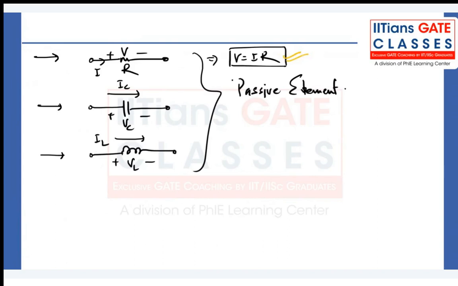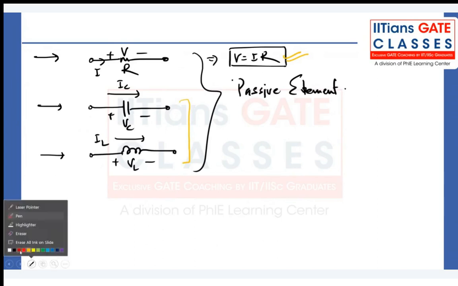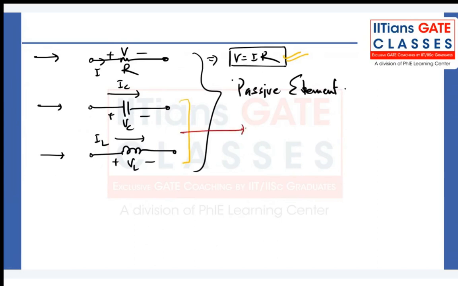And the inductor and capacitor are also known as memory elements. They store charge, like the capacitor stores electric charge. So one must know the relationship between current and voltage for the capacitance also.